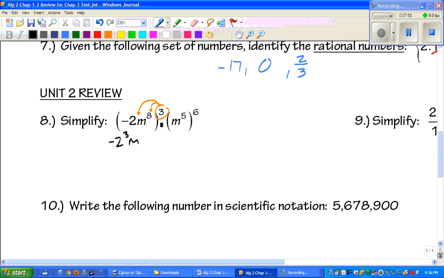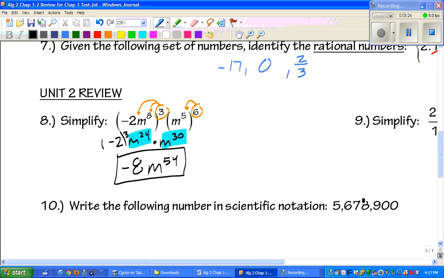So negative 2 to the 3rd, and that goes m to the 24th times the same thing, m to the 30th. Okay? We can combine our like terms right here. We add those up, and that's m to the 54. And then negative 2 to the 3rd power, negative 2 times negative 2 times negative 2 gives us negative 8.